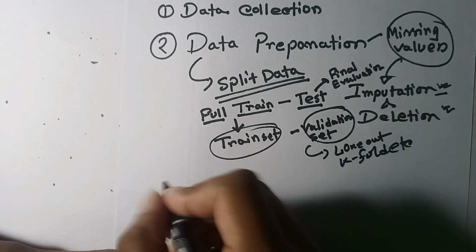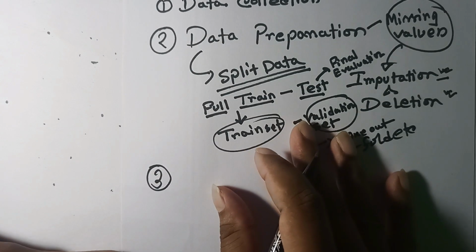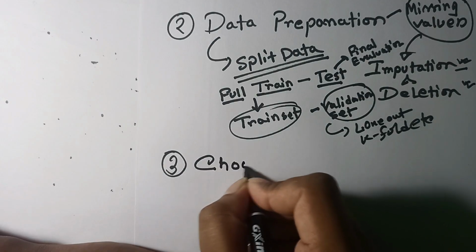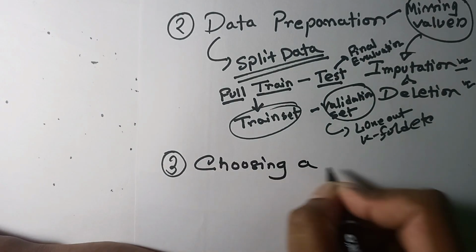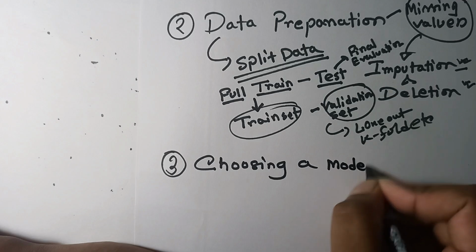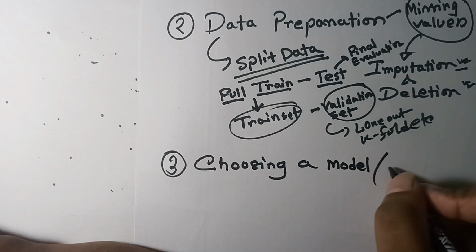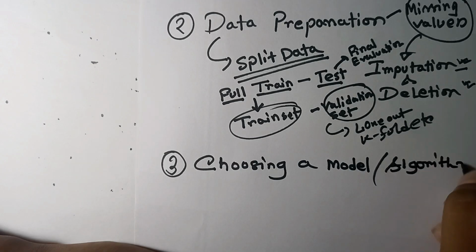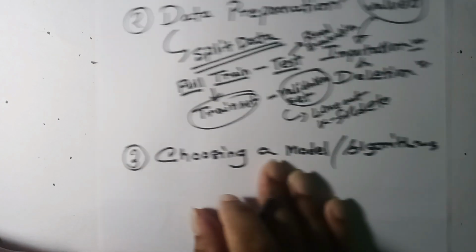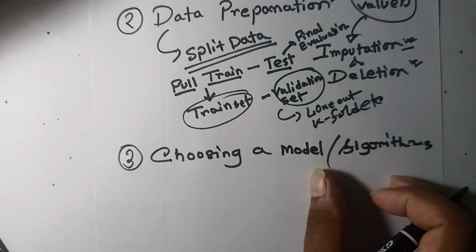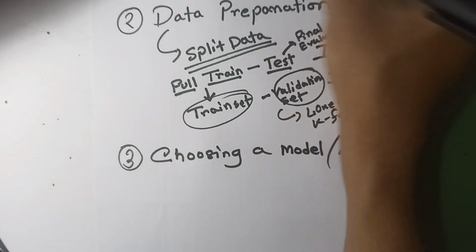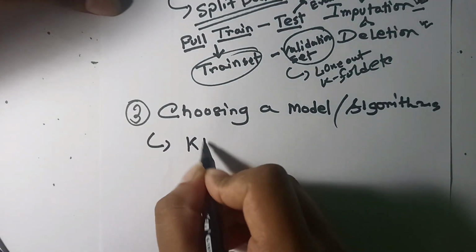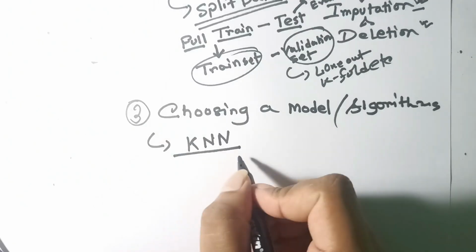And the next step is choosing a model. Somewhere it's written selecting or choosing an algorithm. There are a lot of famous algorithms of machine learning, and one of them, for example, is KNN, k nearest neighbor.